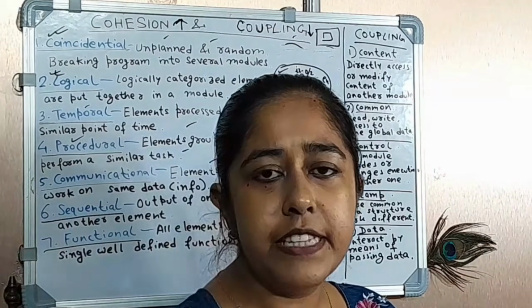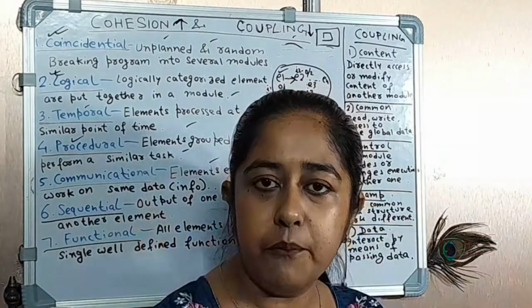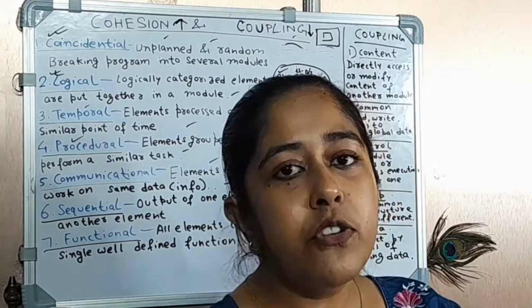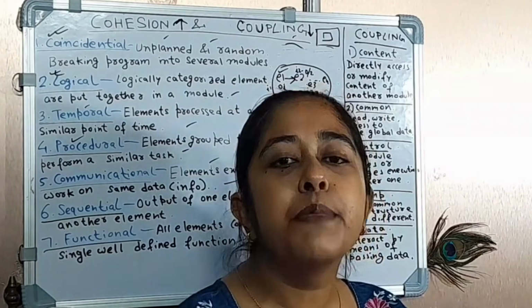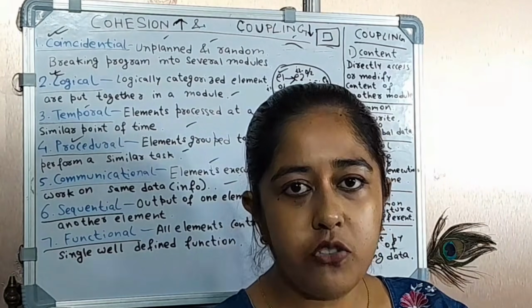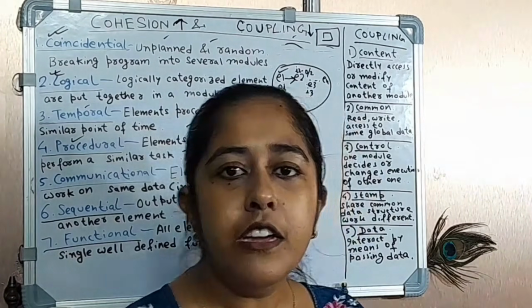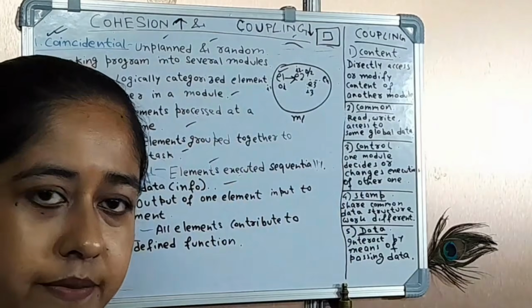Those elements which maintain this kind of sequence in your particular module, the interdependability between those elements performing in this sequential logic, are grouped in sequential cohesion.